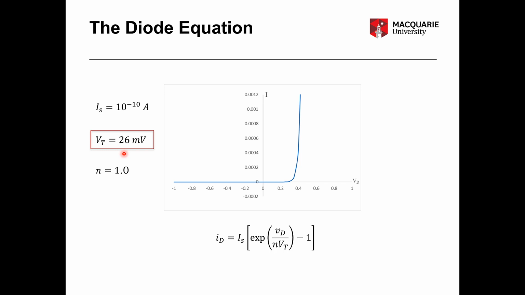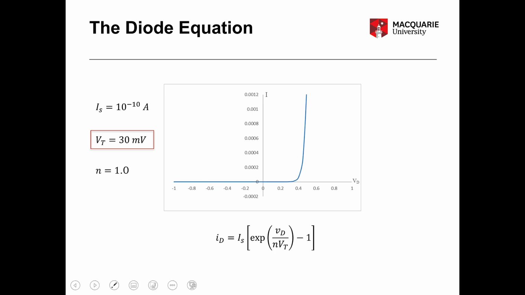So as our diode heats up in our circuit, that will change Vt, and that will change the IV characteristics. Here we have 26 millivolts, as I said, typical for room temperature operation. But what will happen to our IV characteristic if the temperature increases such that we get 30 millivolts at Vt?